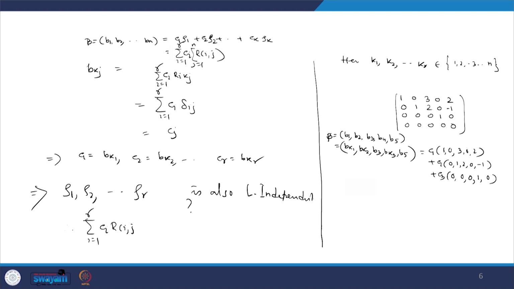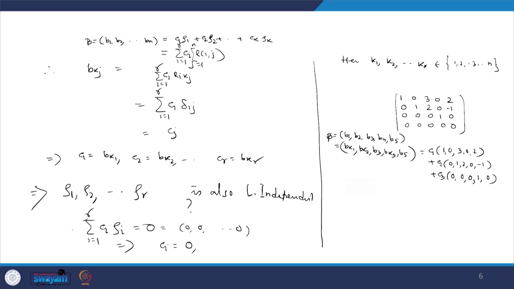So if I consider any linear combination of rho 1, rho 2, ..., rho r, that is sigma c_i rho i equal to 0, where 0 means the zero element, this implies that we have already checked that c_i equal to 0. For any element beta equal to b1, b2, ..., bn which is a linear combination of rho 1, rho 2, ..., rho k, we have seen that constant c1 equals b_k1, constant c2 equals b_k2, like that.